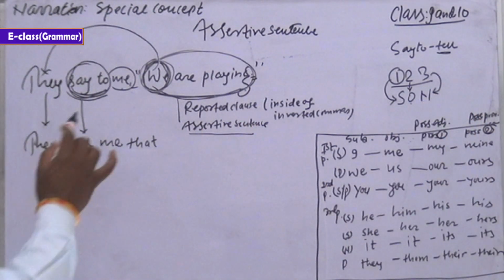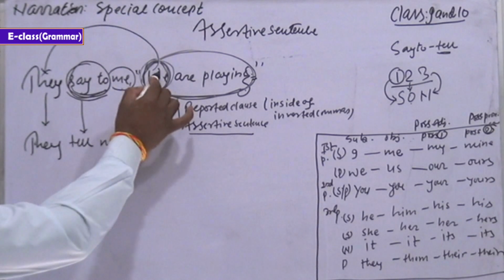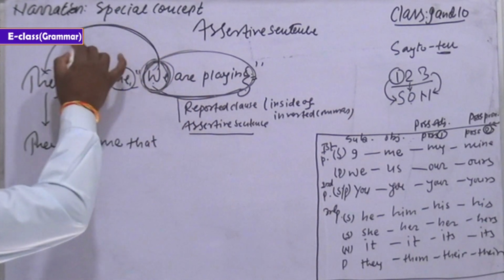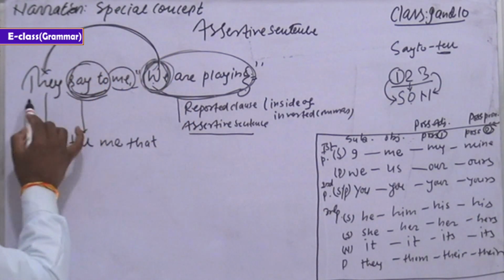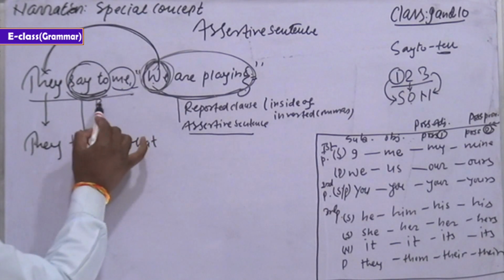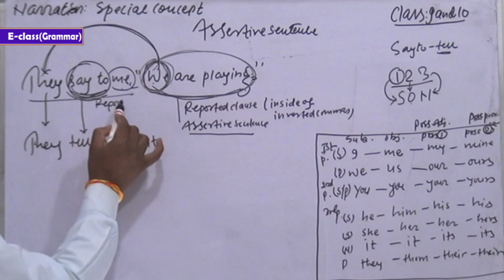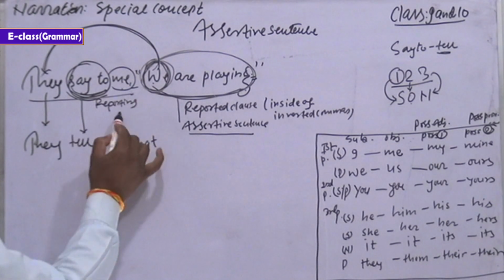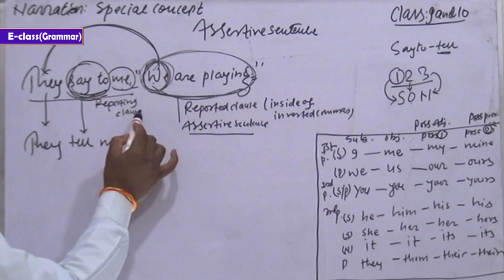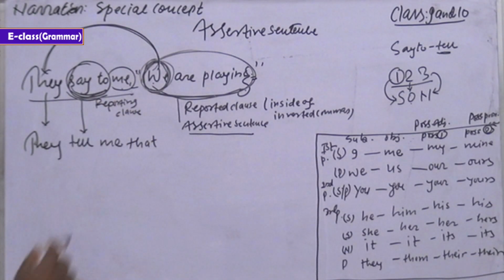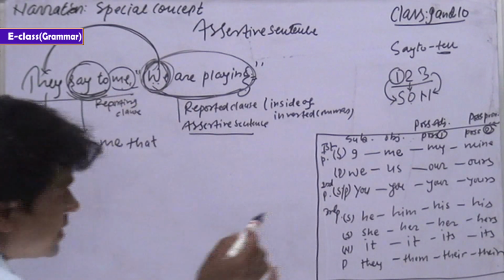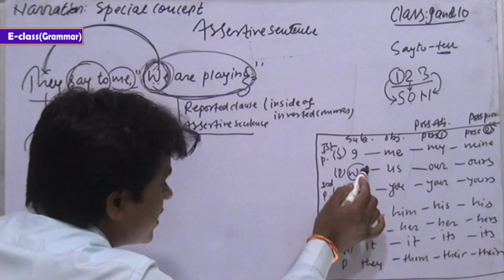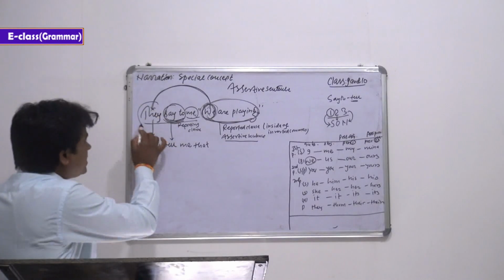Let's see over here. We, first person: how is this changed? According to the subject of the reporting clause. This is the reporting clause. So, which case is this? Subjective case. And which case is this?